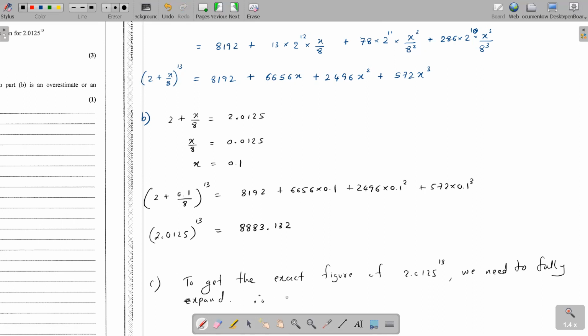Therefore, what we have here is the truncated series, so this will give us an underestimate.